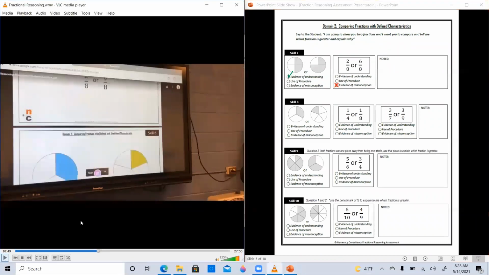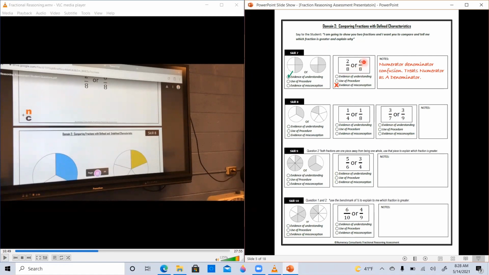Okay, so what he just did is something called numerator denominator confusion. He treats the numerator as if it's a denominator. If you take a look right here, he starts talking about pieces, right? So he's not viewing the numerator as an accumulation of the pieces in the denominator form.